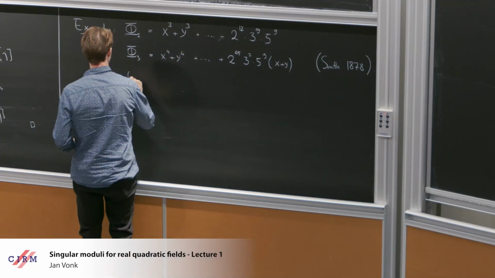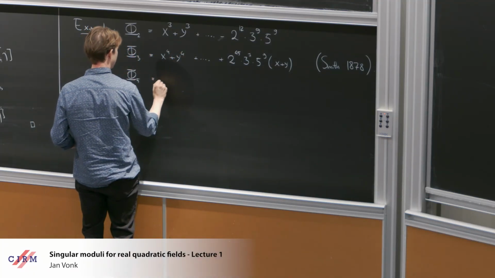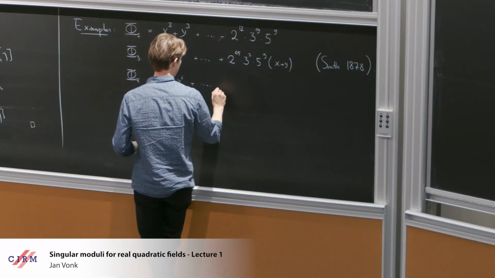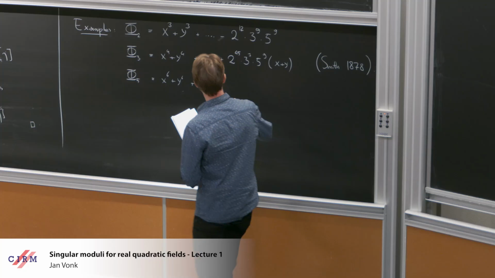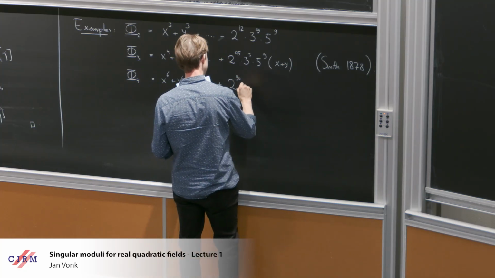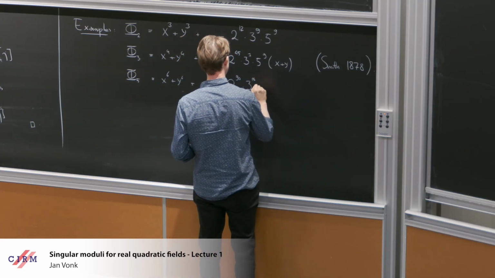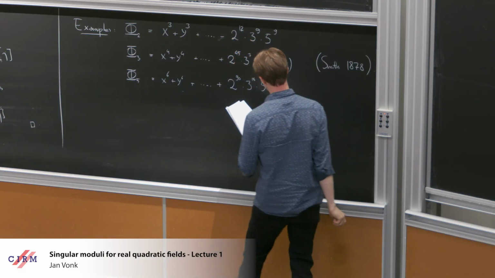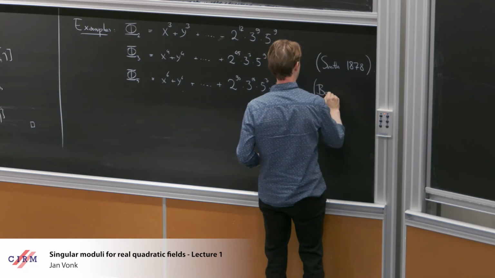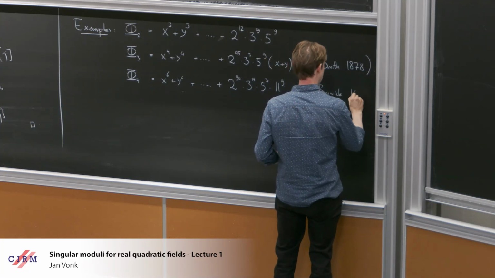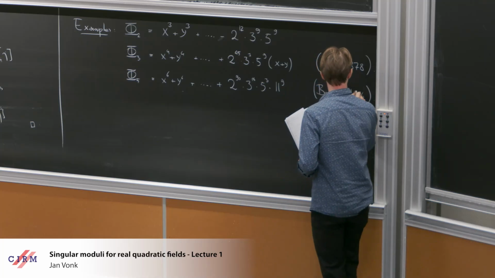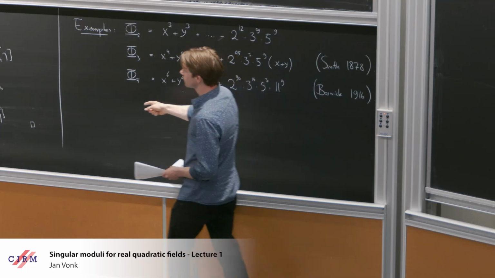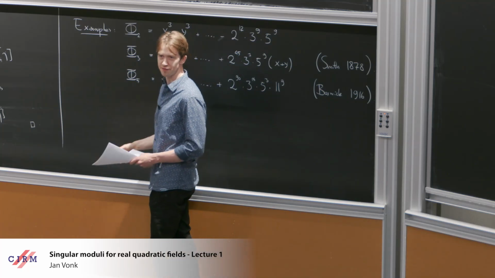Now the next one, phi 5, which will start off with the 6th powers. And then the constant term is 2 to the 90th, 3 to the 18, 5 cubed, 11 to the 9th. And this one was computed by Berwick in 1916. Now I'll stop here because the 7th one was only computed in 1975.